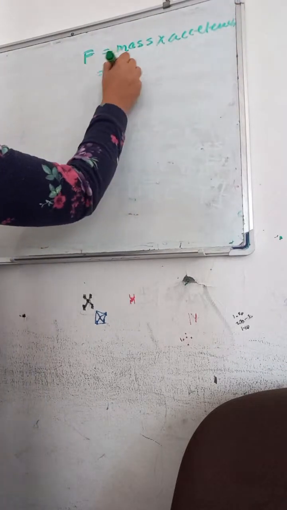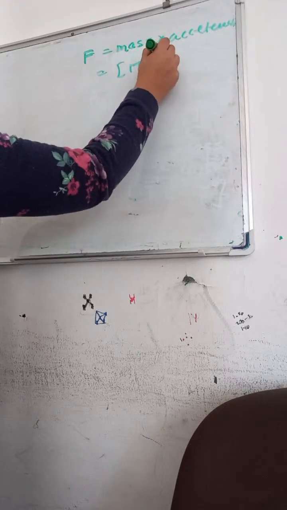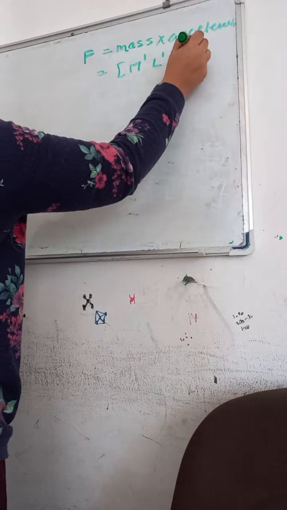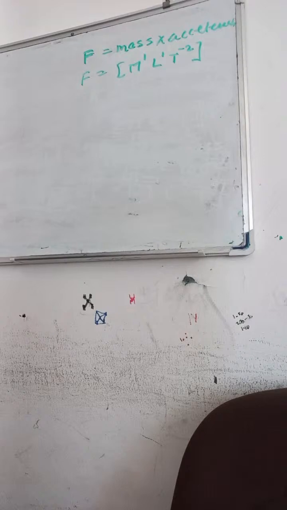So mass is M raised to 1, acceleration is meter per second square, L raised to 1, again T raised to minus 2. This is a very important dimension, we use this force dimension everywhere. Force F is nothing but M1 L1 T minus 2. Okay, so these are the dimensions for force.